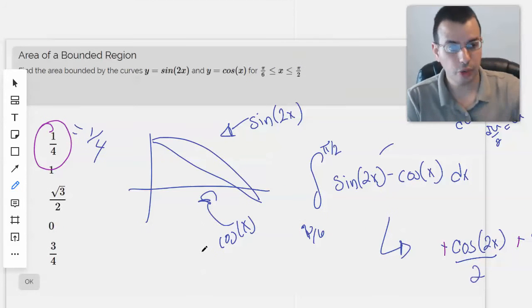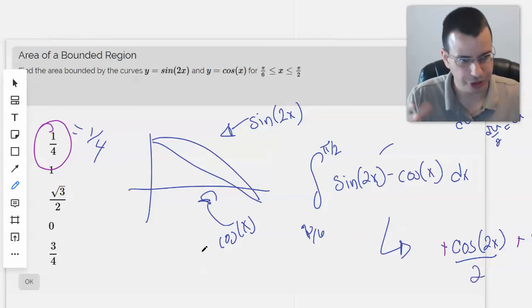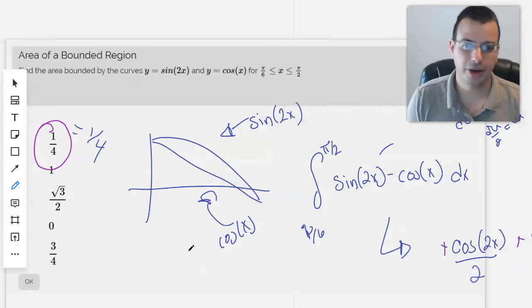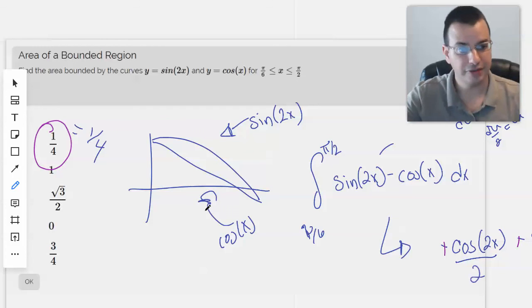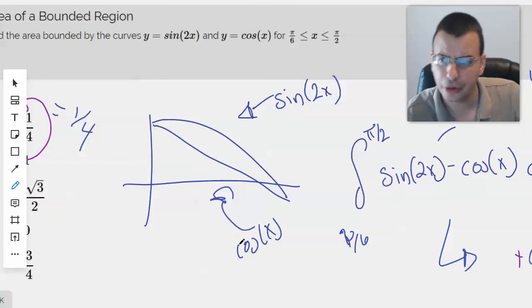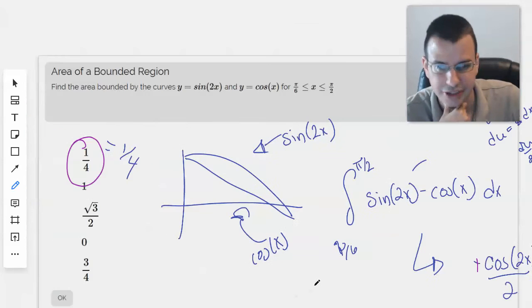You generally won't get a problem quite this challenging for an AP exam multiple choice, but you might see something similar in the free response, or you might have a simplified version where the idea is already given to you and you're basically just asked to do the calculations. We're given y equals sine of 2x and y equals cosine of x.